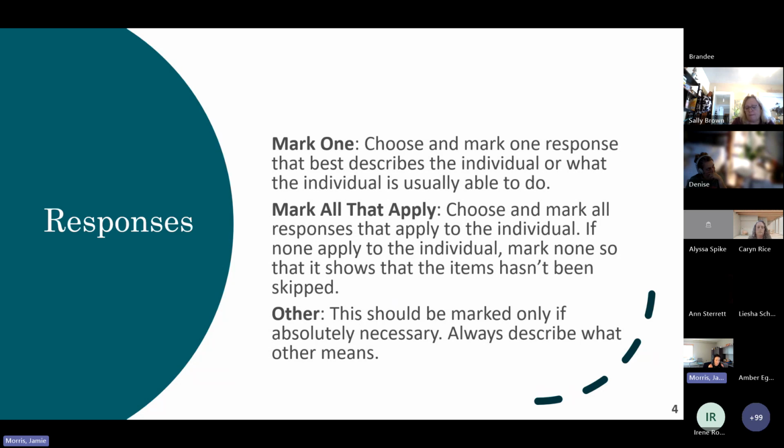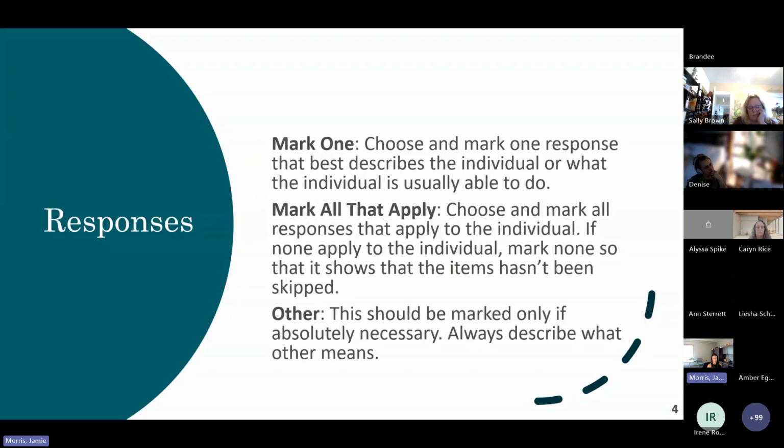So if it says to mark all that apply, you're really looking at that person comprehensively, and you're going to look at all the responses that might be applicable to that individual. Now, if you're thinking none might apply, you may mark none at that time. And the idea is not to skip any answers.